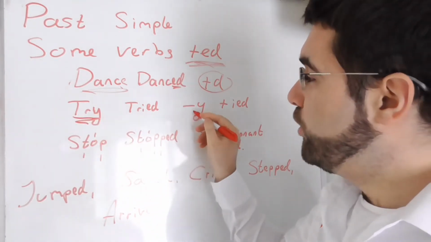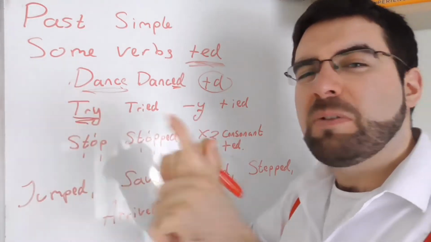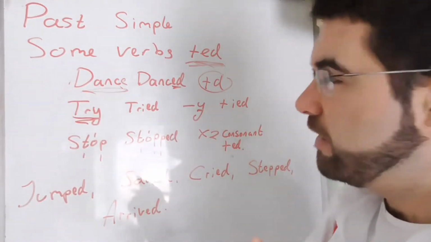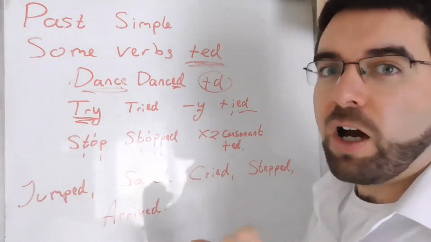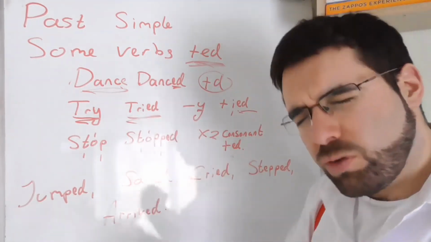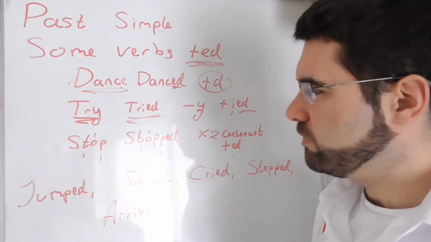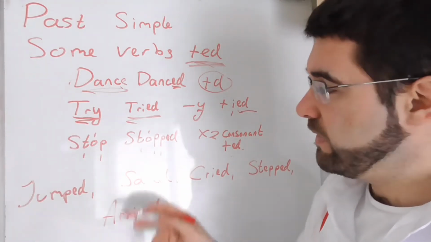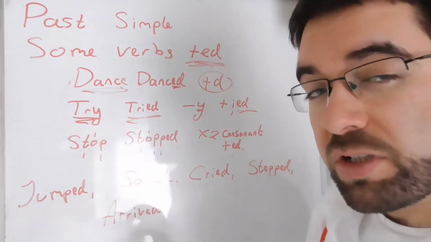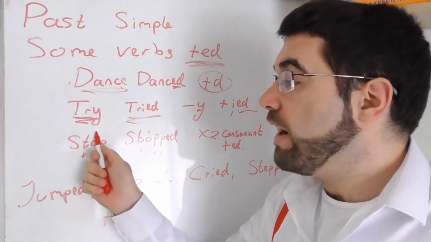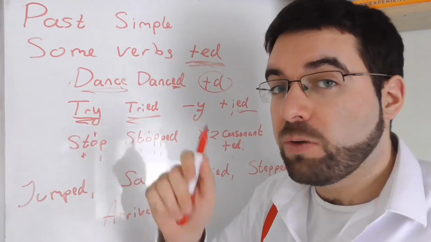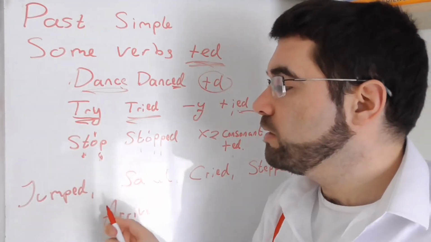Try. Remove the Y. We don't need the Y. Get rid of it. And we add I-E-D. Try, tried. But some words are interesting because we have a consonant, a vowel, A-E-I-O-U, and a consonant.